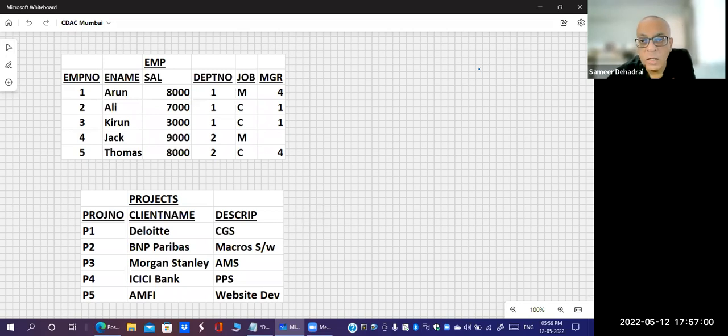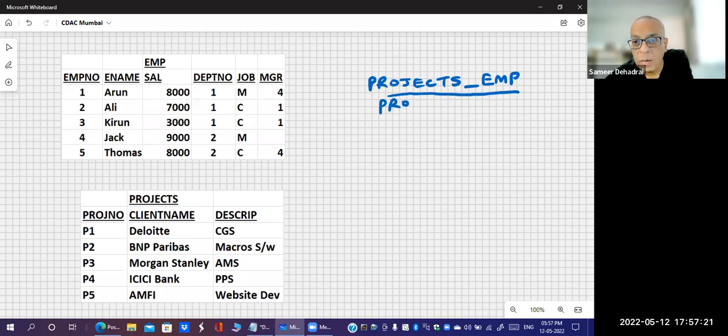What we are going to do is, we are going to create a third table. Let's call it projects underscore EMP. Let's create a new table. Inside this table, I'm going to store the project number and the employee number.